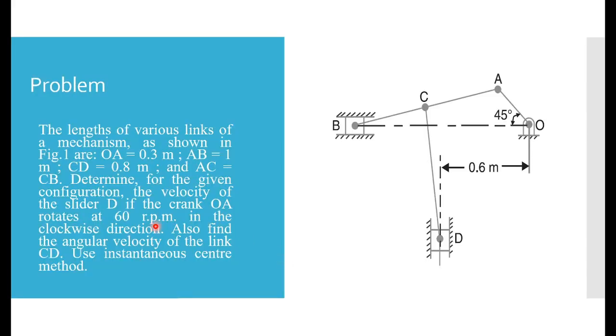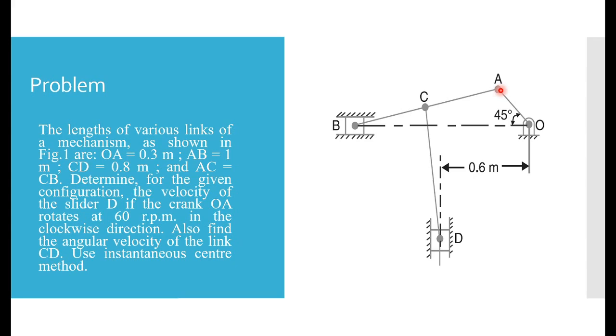So what is the input? Crank rotates at 60 rpm. So crank is OA. It rotates at 60 rpm. So what will be the crank velocity? Crank is OA, therefore crank velocity will be VA. And VA will be equal to, this is in rpm, so omega will be 2 pi N by 60.